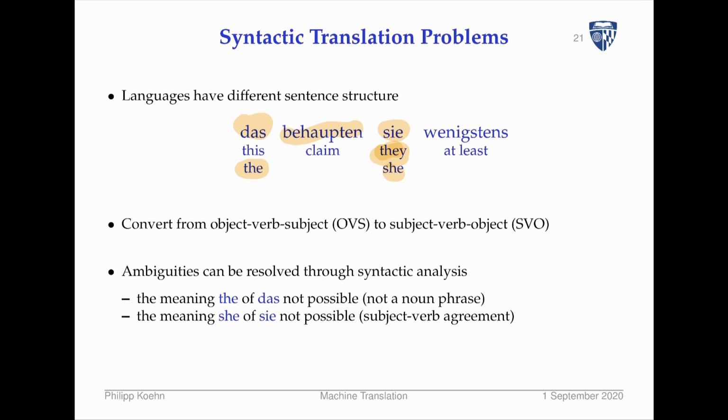So all this has to happen. There's a lot of structural syntactic ambiguity, such as recognizing that this is an object verb subject construction instead of a subject verb object construction. And this mostly follows from morphological agreement and the plausibility of different possible analyses.